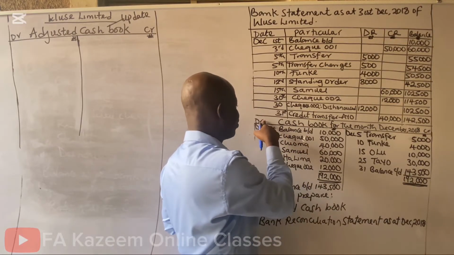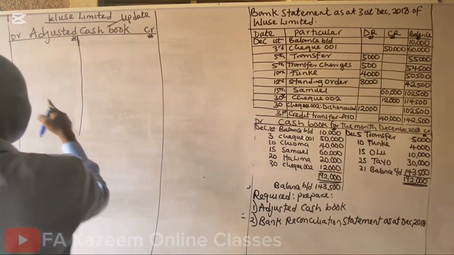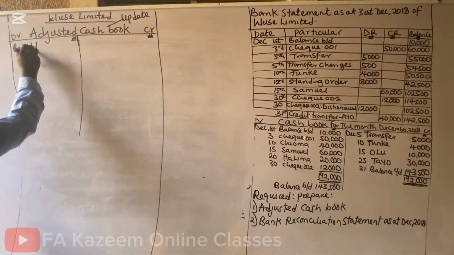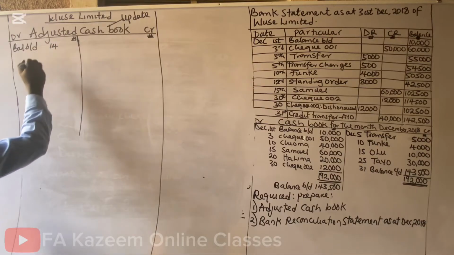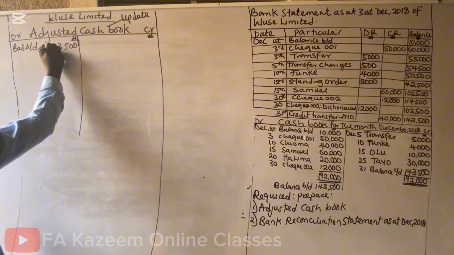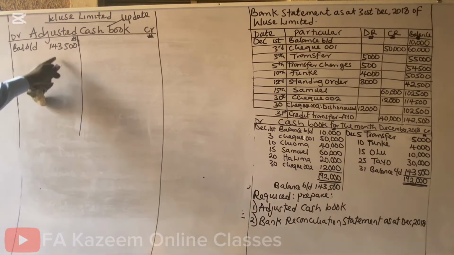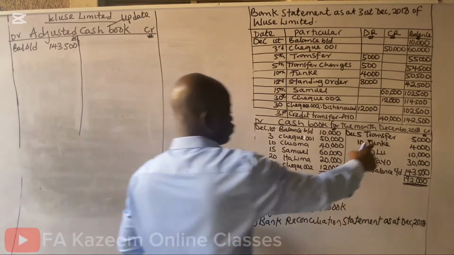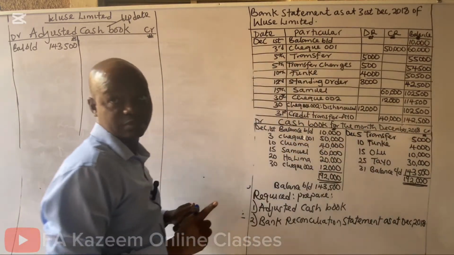If the BD falls on debit, your balance here will be on debit, which we refer to as balance brought down, 143,500. Why are we reconciling? This balance is not correct, because if this balance is correct, it would have been equal to the balance of the bank statement.